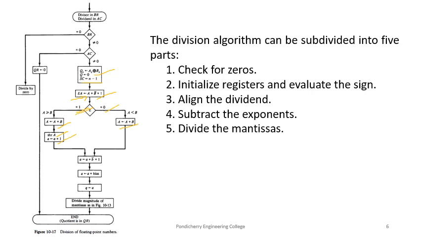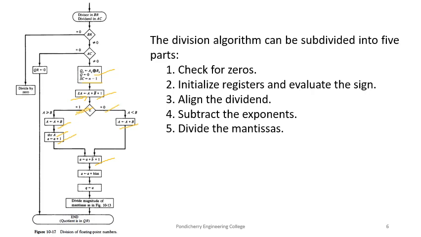So what is division here? Subtracting the exponents and dividing the mantissas. For subtracting the exponents, we can see the exponents A and B: B is subtracted from A. B bar plus 1 is nothing but 2's complement addition, so actually A minus B is the operation done.